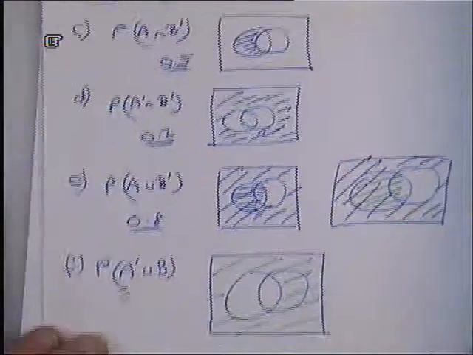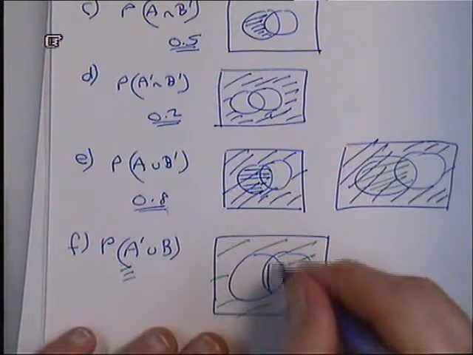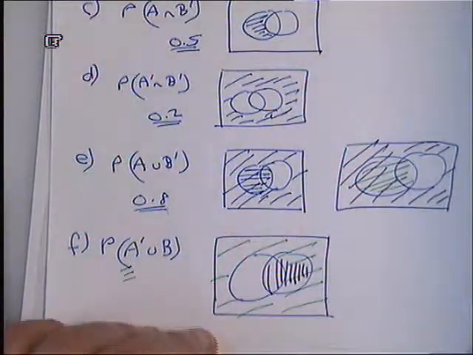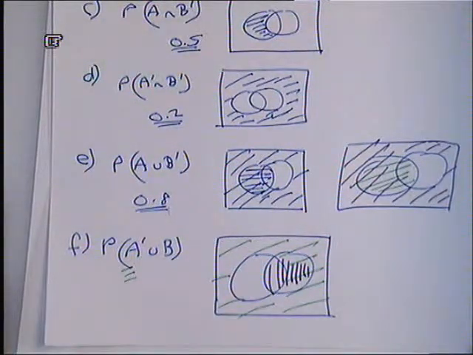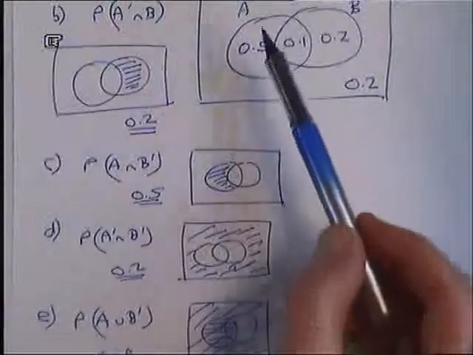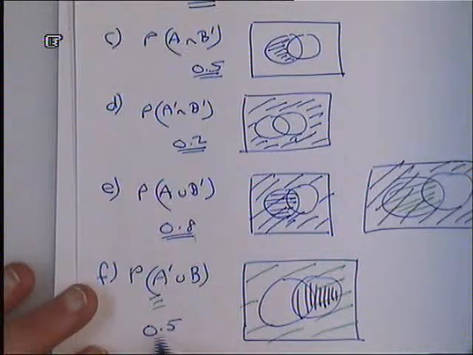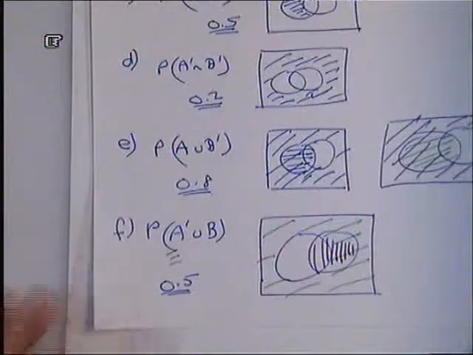That's not in A, that bit there. B is anything that's in the B circle. So it's that bit. And because it's a union, anything that's shaded will be fine. So it's everything apart from this bit here. And that bit there was worth 0.5. So it's everything apart from 0.5. So it's 1 minus 0.5. The answer is 0.5.